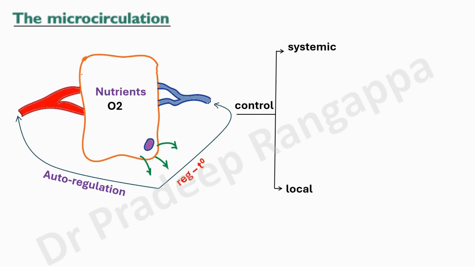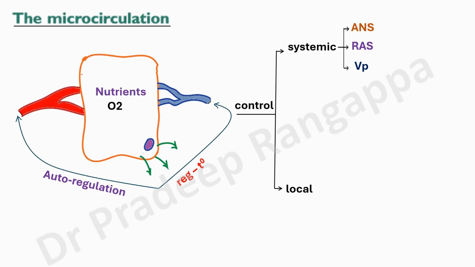What maintains the internal milieu, or the balance between the arterioles, venules and the microcirculation? The control mechanisms are sometimes local and systemic. What are the systemic control mechanisms which maintain the harmony in this microcirculation? The autonomic nervous system, the renin-angiotensin system and vasopressin are the tools in the body which maintain the balance.